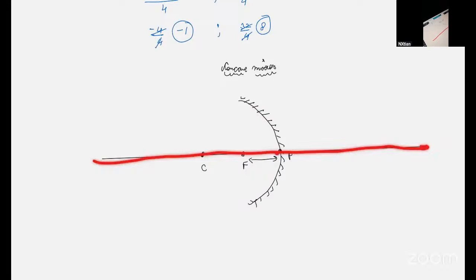The point on the spherical mirror will be the pole. Now, the focus should be at 3 centimeters. Like 0 to 6, the midpoint of that will be 3 centimeters. So the focus should be at 3 centimeters.